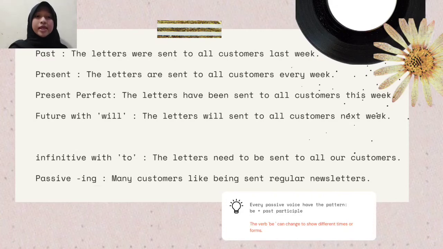And the verb be can change to show different times or forms. Am, are, is in the present, was, were in the past. You can use been with perfect tense and being in continuous tense. The past participle never changes in any form of the passive.